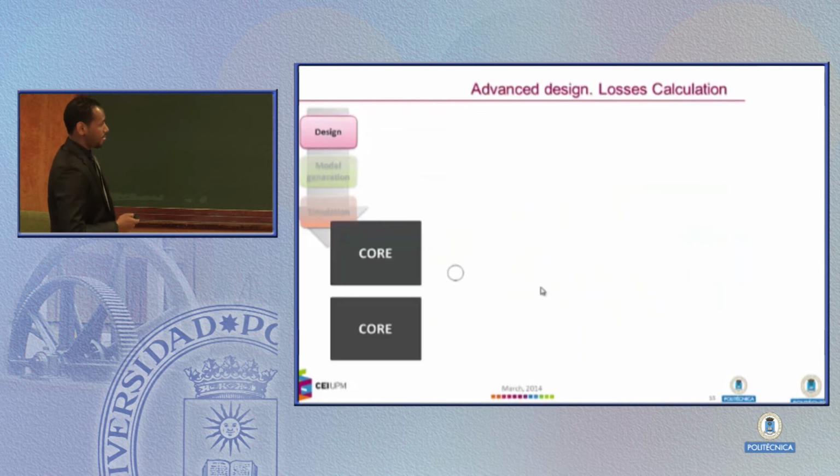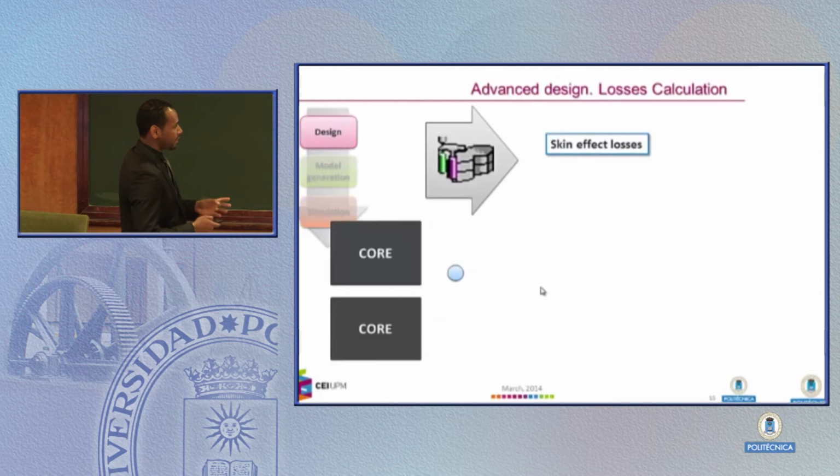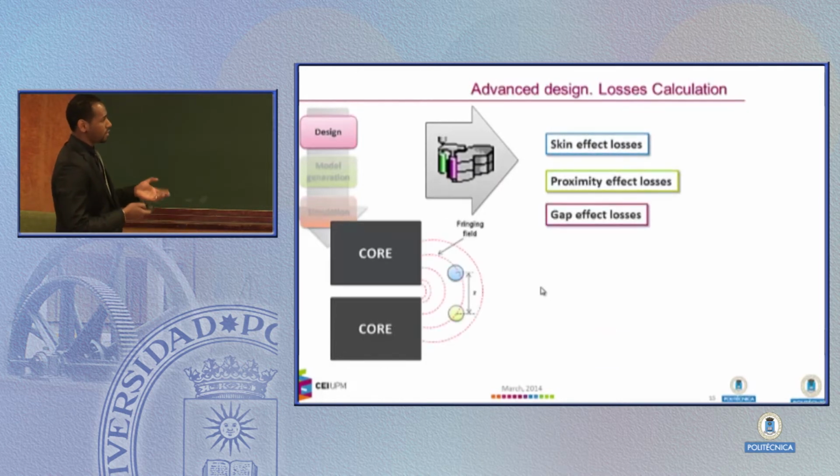To avoid that, a new option among the options offered by PSPR will be included in next releases that takes into account all the effects that affect the conductor to calculate the total power losses in the windings of the component.